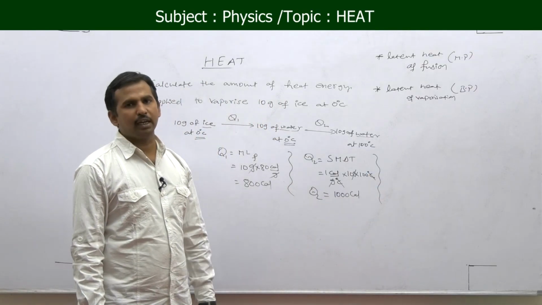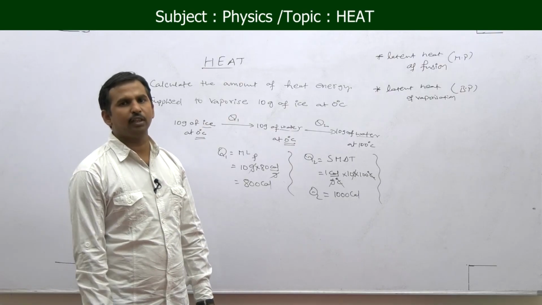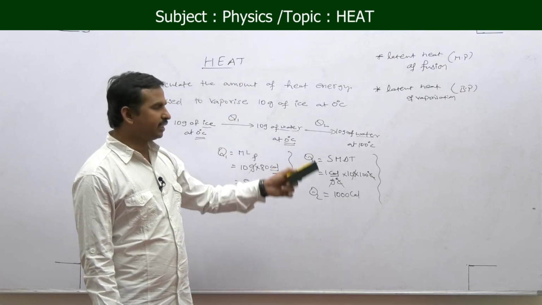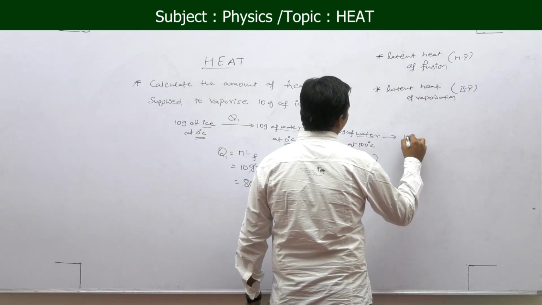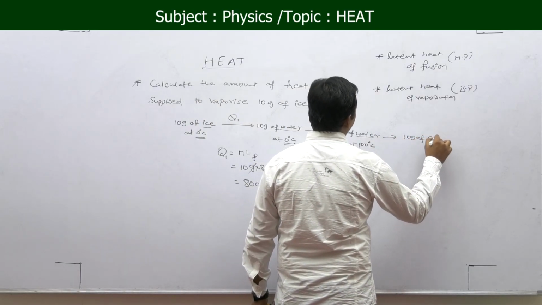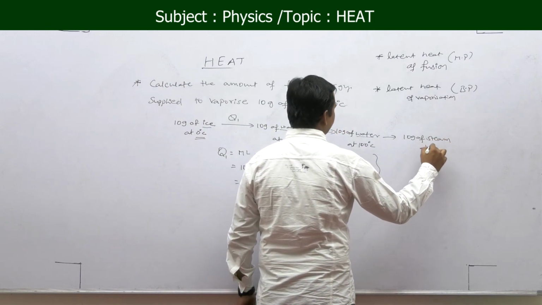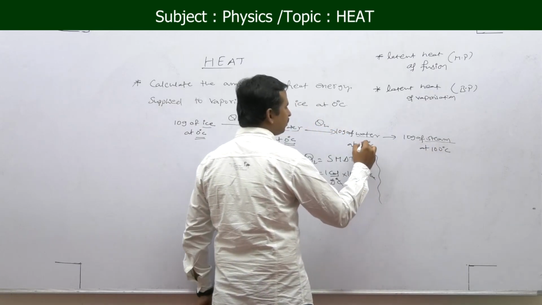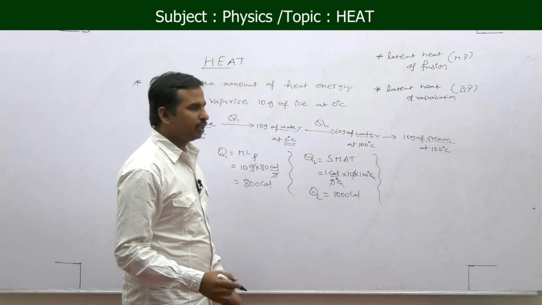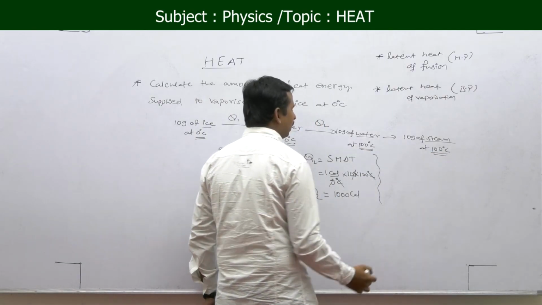Now, water is at 100 degrees Celsius and now it is ready to become steam if you supply the heat energy. That is our third case. Which means now 10 grams of water is becoming 10 grams of steam, and again there is no change of temperature, because here there is a change of state, water is becoming steam, then the temperature remains the same, 100 degrees Celsius equal to 100 degrees Celsius.